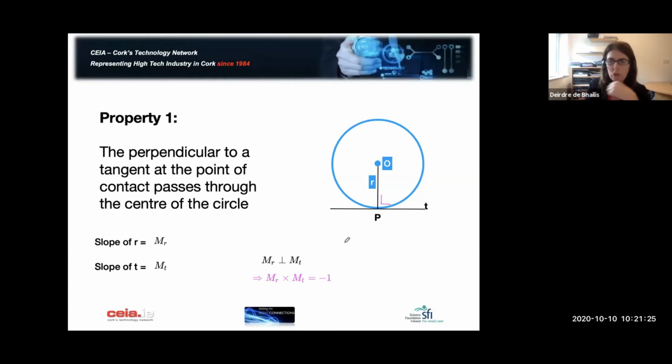That means that if you know the slope of the radius, if the slope of the radius is equal to 2/3, then to be able to multiply that by the slope of the tangent to get -1, the slope of the tangent must be equal to this inverted, 3/2, and you need a different sign because minus by plus will give you a minus. So if you know the slope of one, you can easily determine the slope of the other simply by turning it upside down and changing the sign on it.